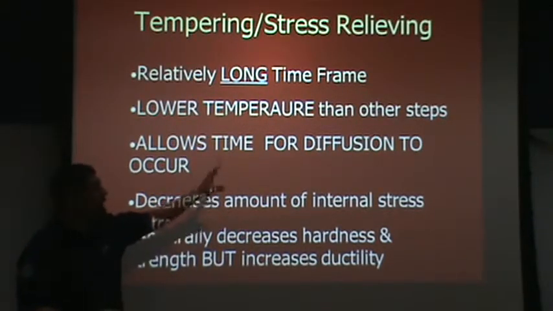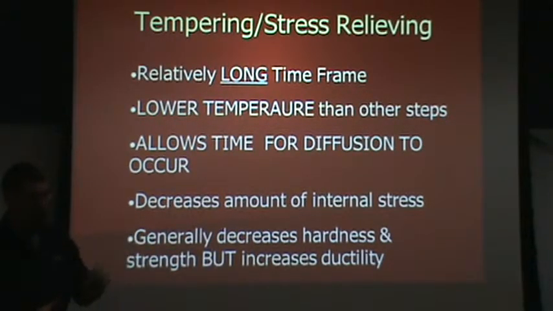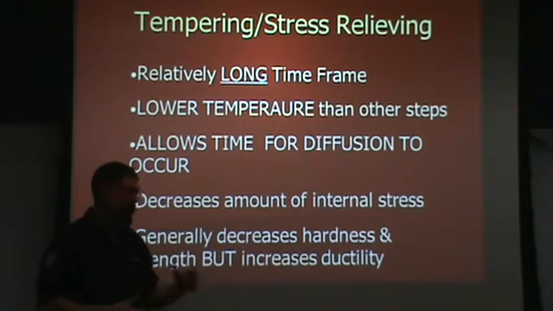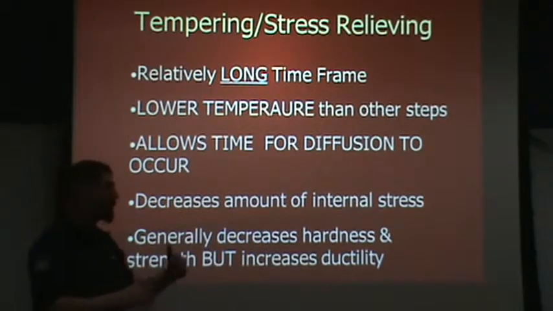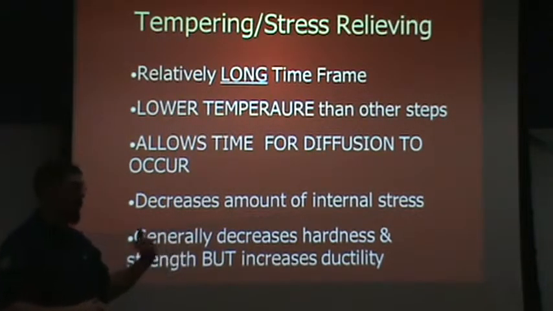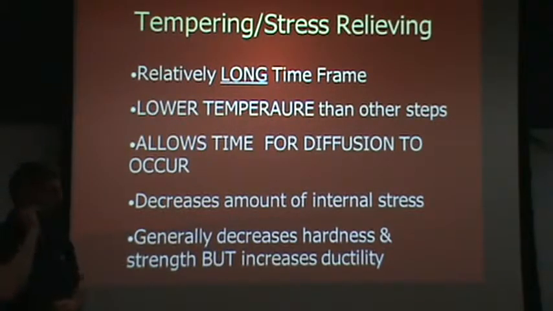We have a lot of temperatures available to us for stress relieving. We find that in general, the minimum temperature that you're going to have much effect will be about 900 Fahrenheit. And any temperature above that will tend to be giving you better and better dimensional stability. So you have to balance the stress relieving temperature with whatever tempering temperature you use to get your hardness and mechanical properties.